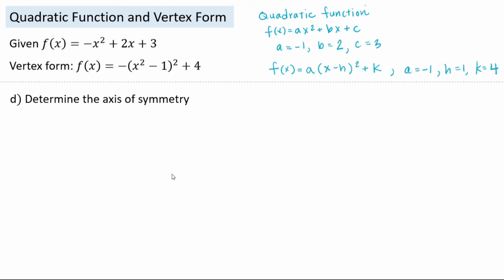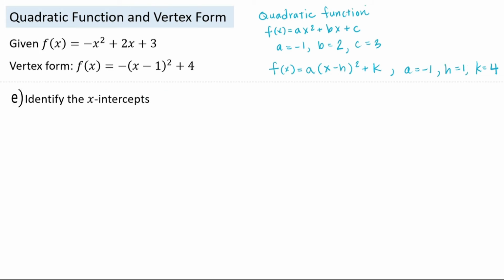Let's determine the axis of symmetry. The axis of symmetry is a vertical line, x is equal to h. Because h is equal to 1, the axis of symmetry is x is equal to 1.